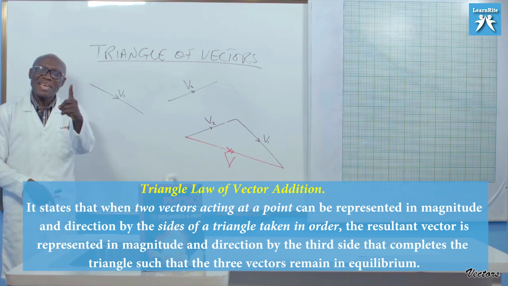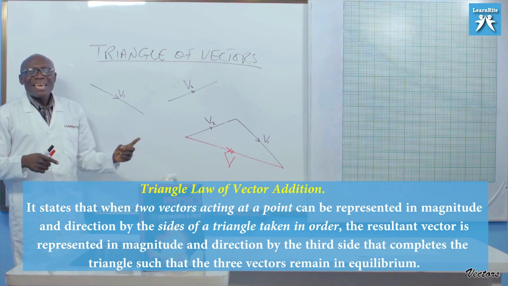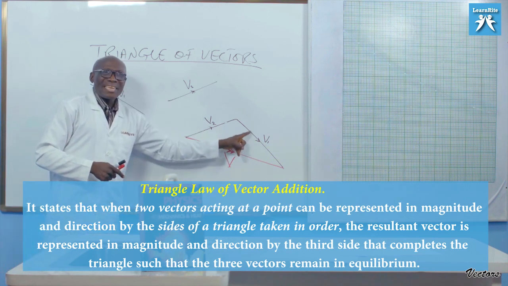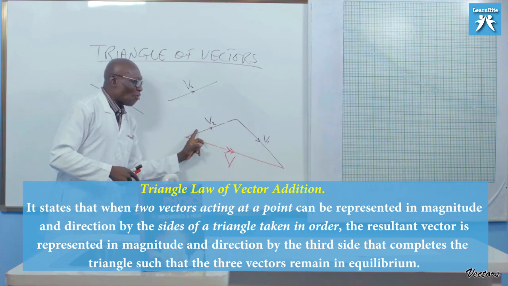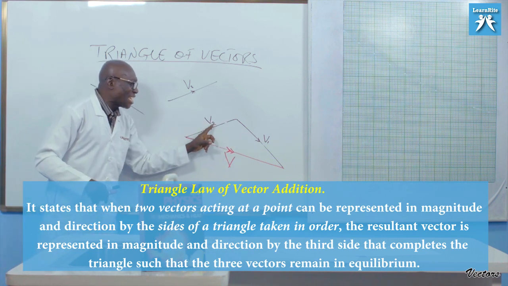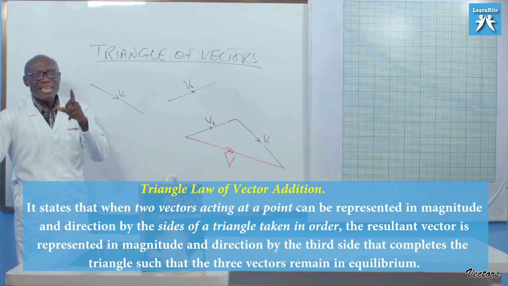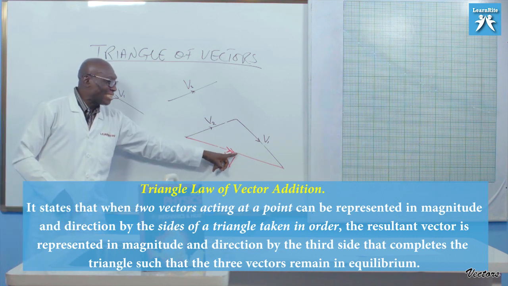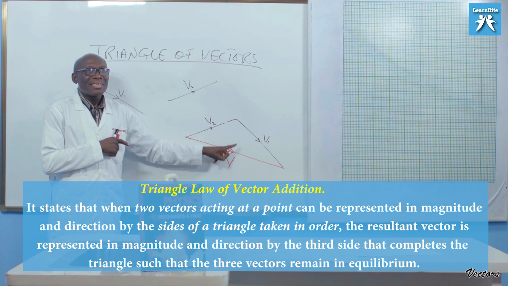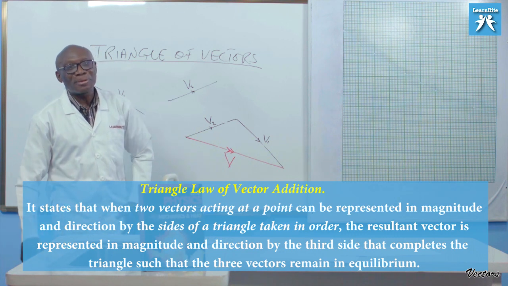Again, you watch my finger. When two vectors acting at a point can be represented in magnitude and direction by the sides of a triangle, taken in order, the resultant vector is represented in magnitude and direction by the third side that completes the triangle, such that these three vectors will be in equilibrium.